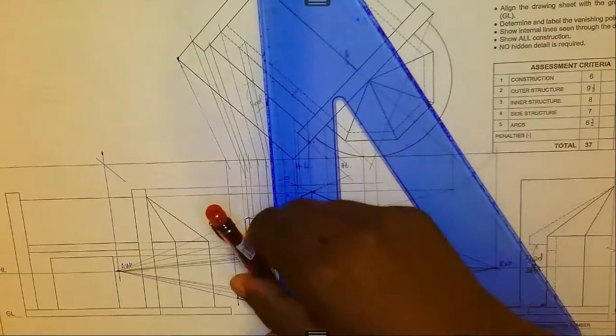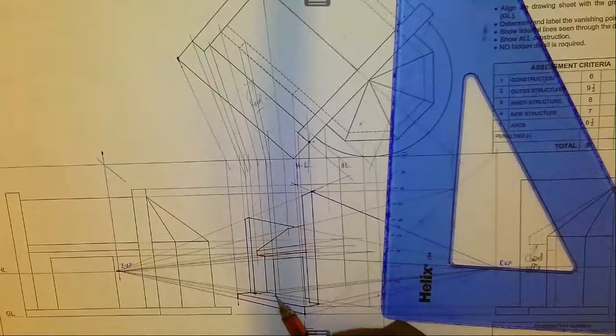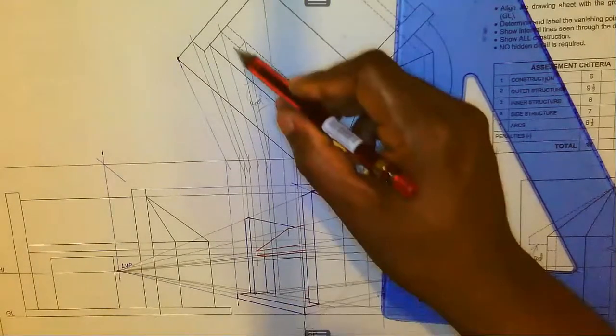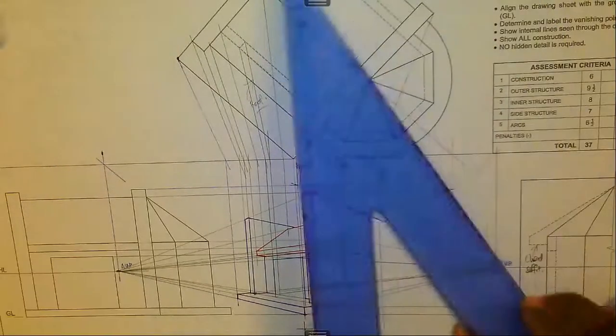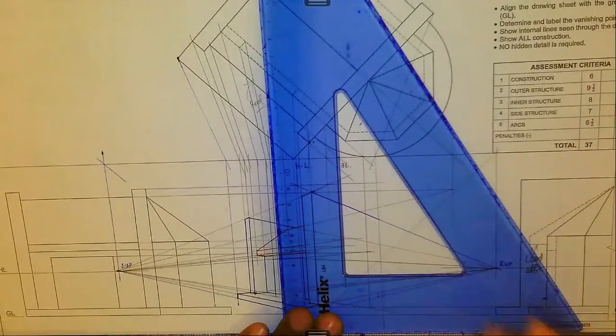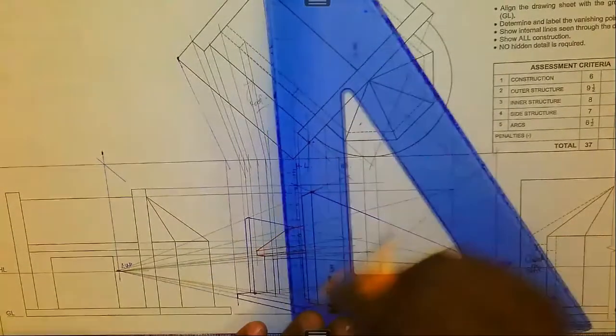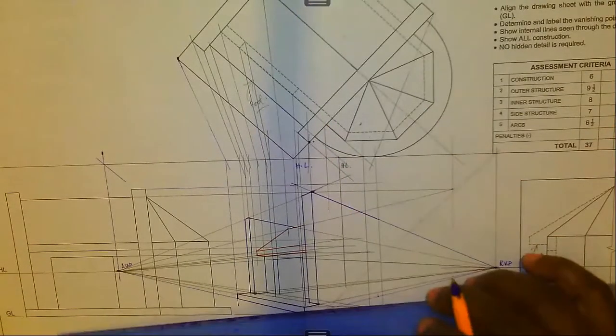Then we take this one up like that. So what we have done, we have created a thickness in terms of the inner part of the wall. And we can outline this. From here to there, outline like that. Then we take the other one.